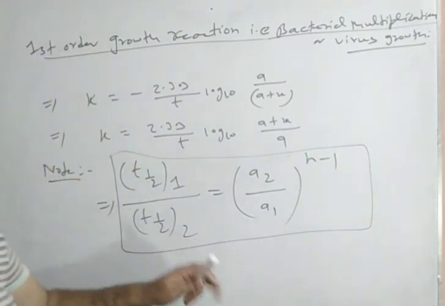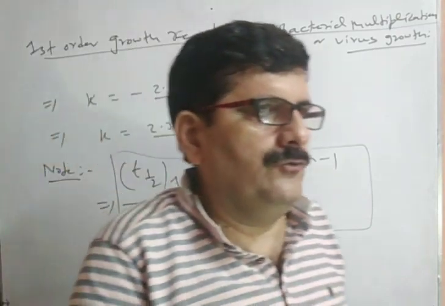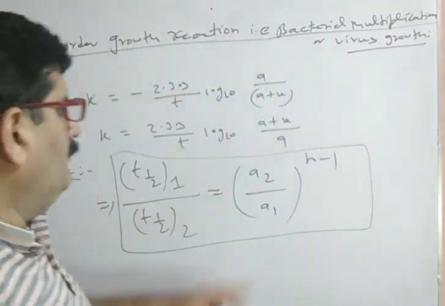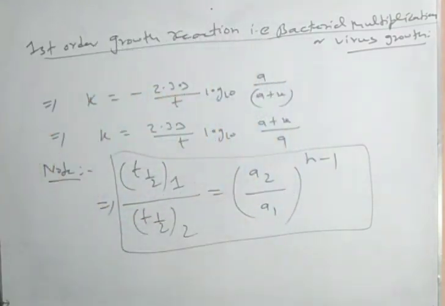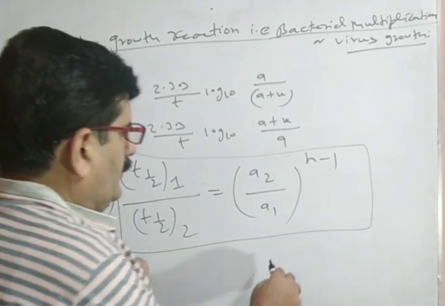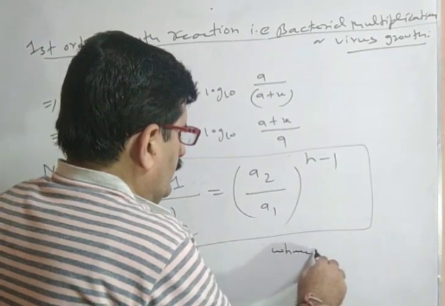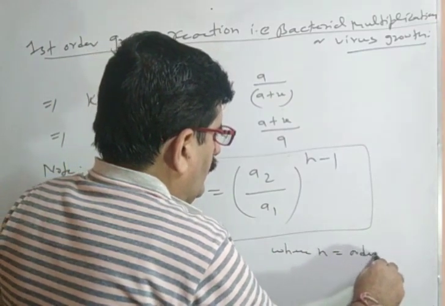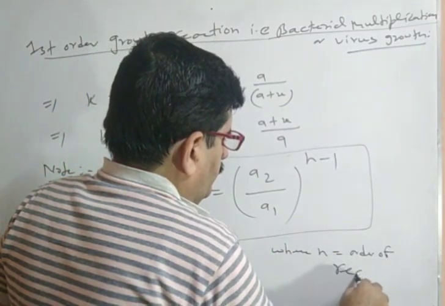On the basis of this expression, we can find the order of reaction, where a1 and a2 are different concentrations. When different concentrations and different half-life periods are given, then we can predict n, where n is the order of reaction.